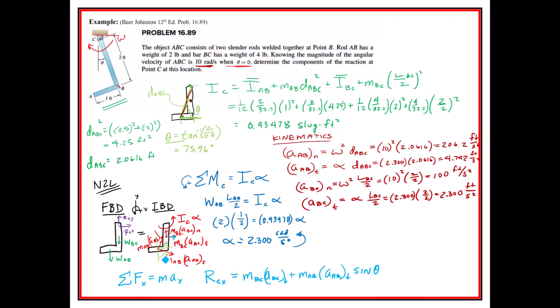Because that ends up being this direction right here, opposite from the angle. And then we also take a look at the normal direction, so that's going to be plus MAB times the acceleration of AB in the normal direction. But now it's going to be the cosine, right? Because it's going to be this leg right here, and that's going to be adjacent. So the cosine of theta.